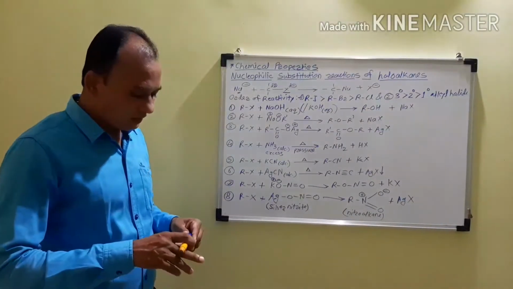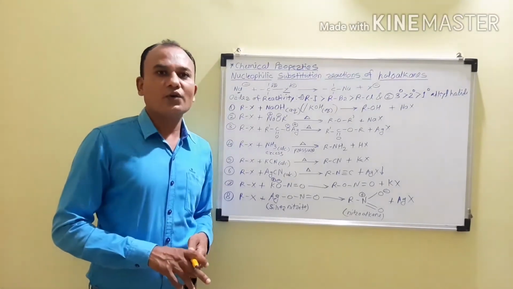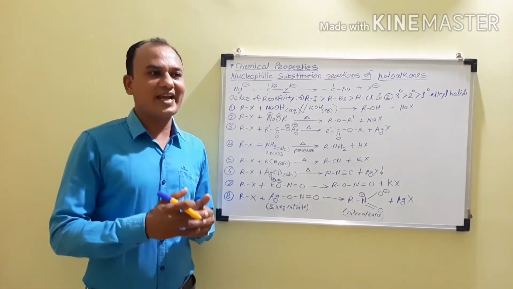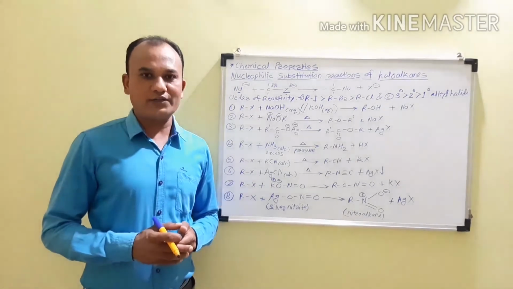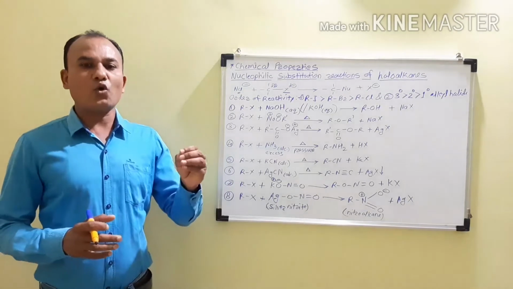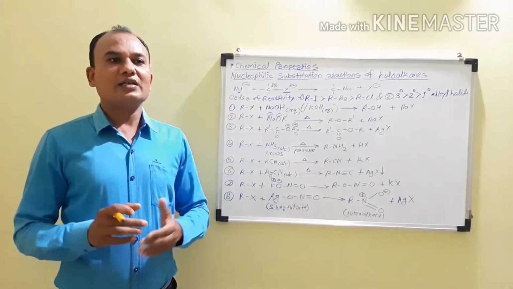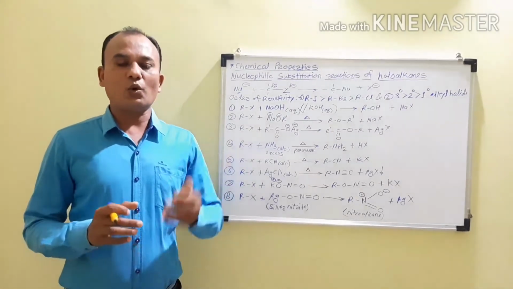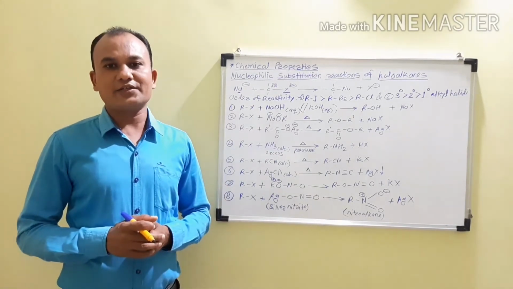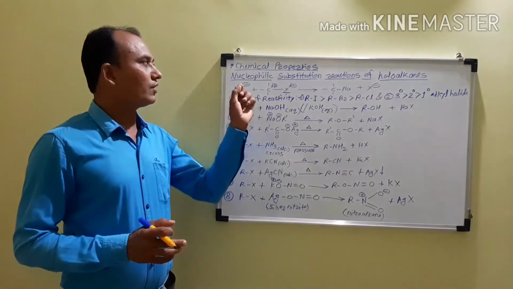Now, in nucleophilic substitution reactions, the order of reactivity depends on two factors. The first factor is the state of the carbon atom to which the halogen atom is attached, and the second factor is the nature of the halogen attached to the carbon atom of the alkyl halide. On that basis we can decide the order of reactivity.